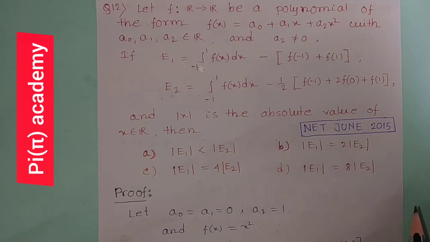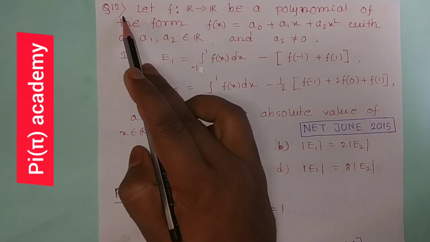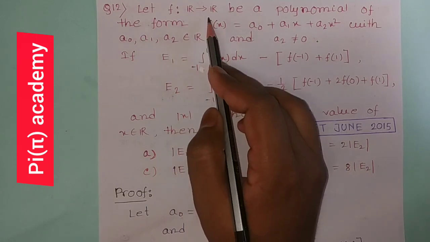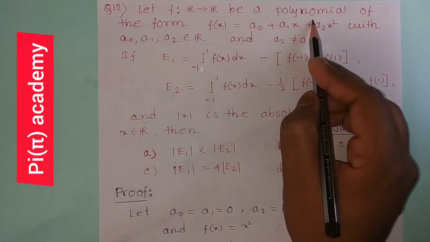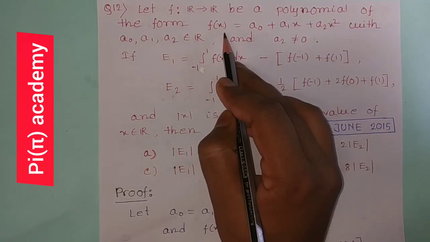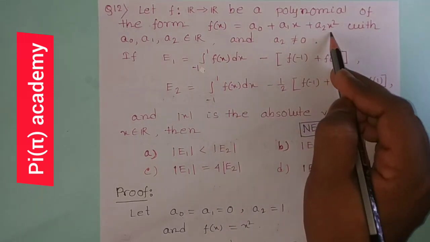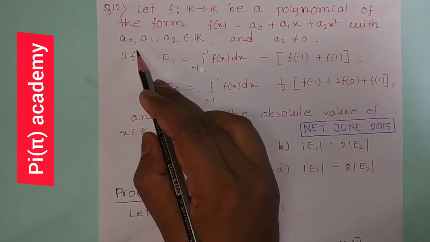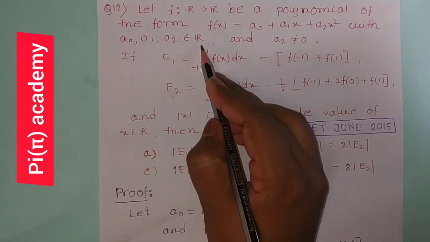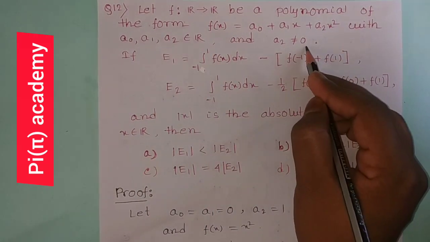Now I discuss about question number 12. Let f maps R to R be a polynomial of the form f(x) equal to a0 plus a1 x plus a2 x square, where a0, a1 and a2 belongs to R and a2 is not equal to 0.